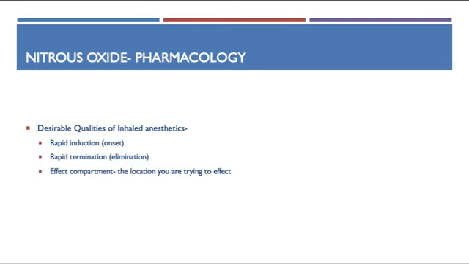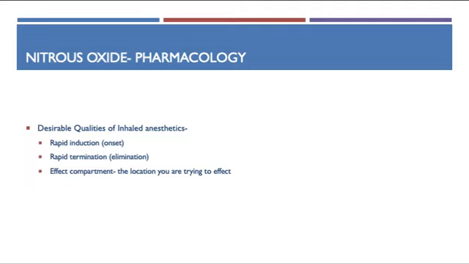And this is actually a benefit because we want nitrous oxide to have a relatively quick onset so that the patient can benefit from the experience quickly, and a relatively quick termination so that the patient has a short recovery time. But for the desirable effects to be properly experienced by a patient, the target organ, which in this case is the CNS, has to allow for the concentration to fluctuate rapidly.